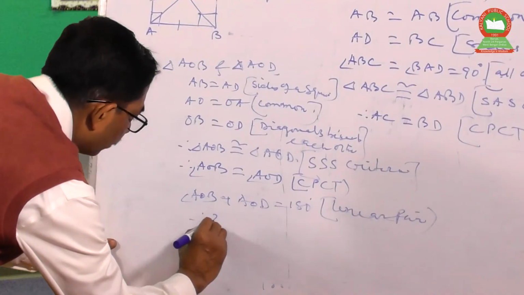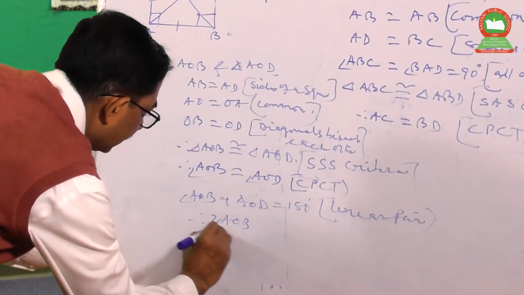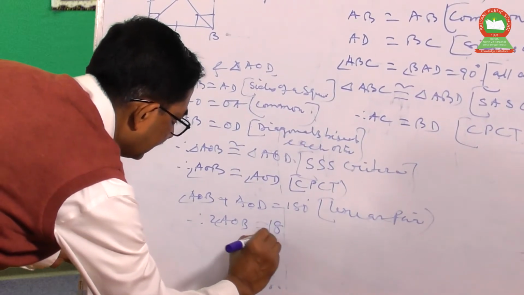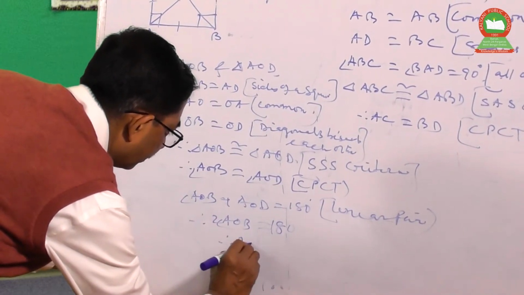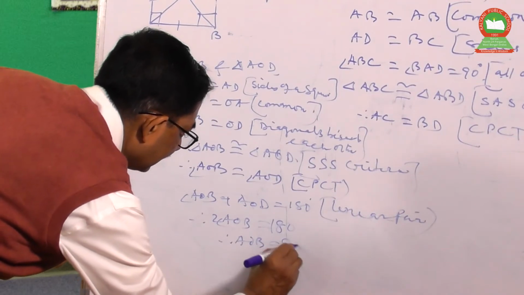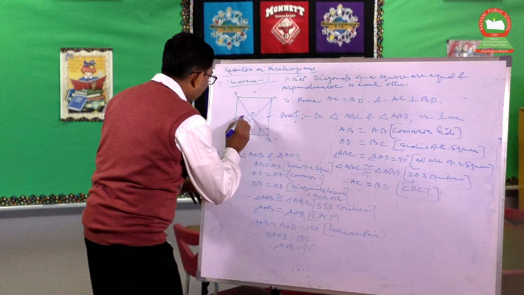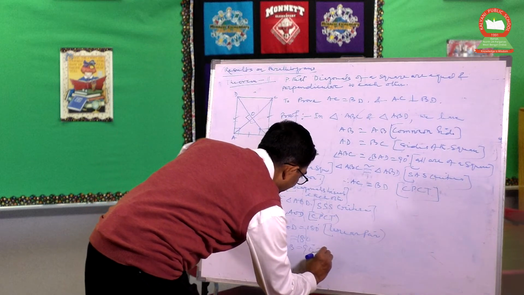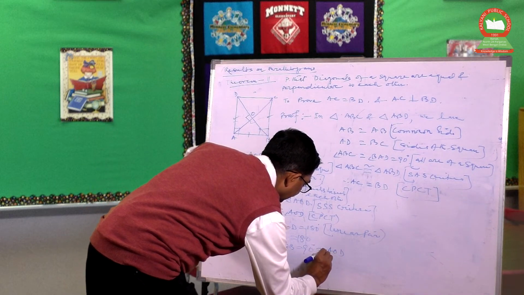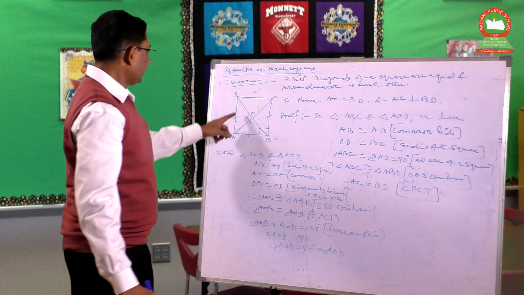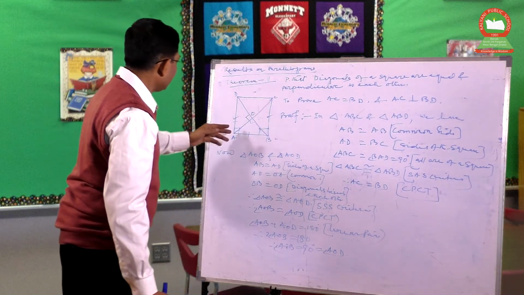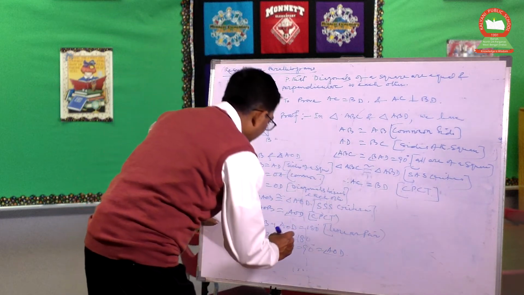Therefore, twice AOB equals 180 degrees. Therefore, AOB equals 90 degrees. If AOB is 90, then definitely AOD is also 90 degrees.